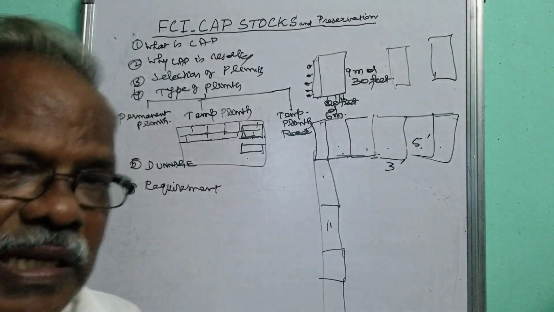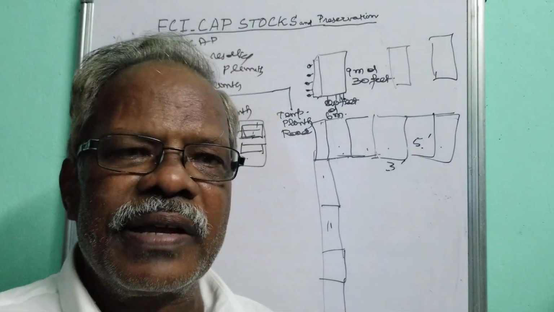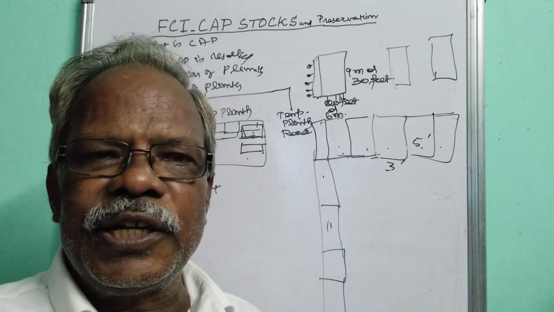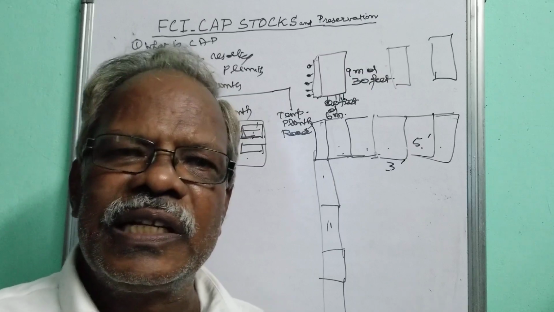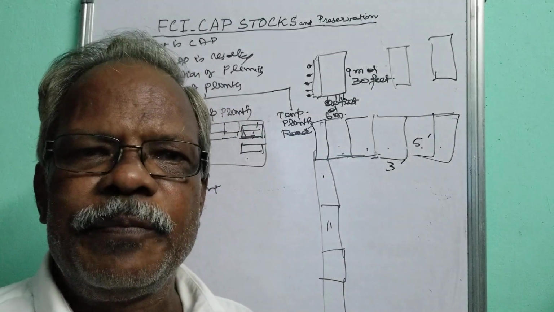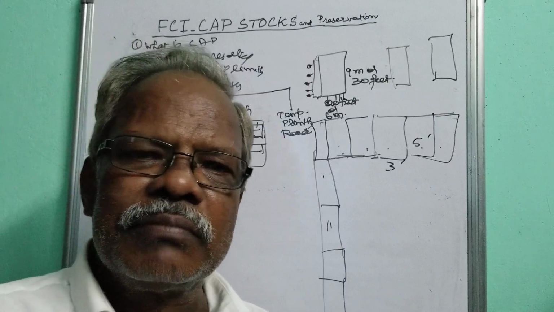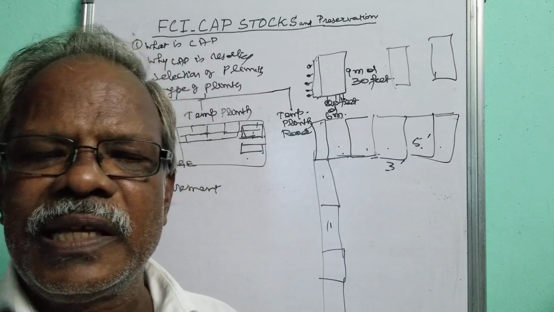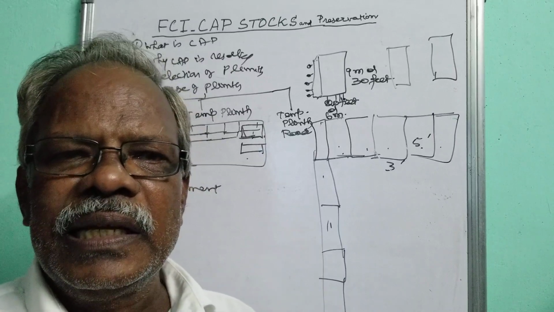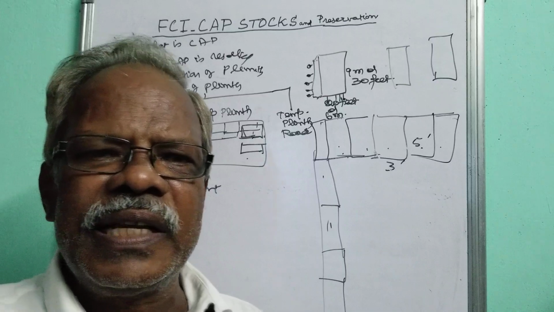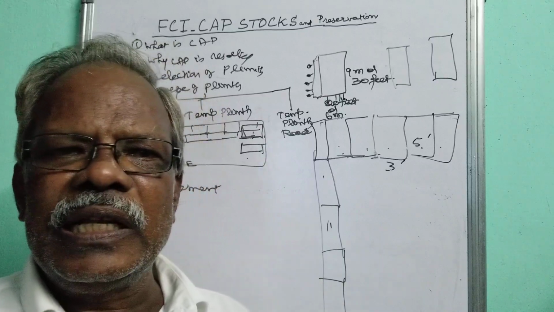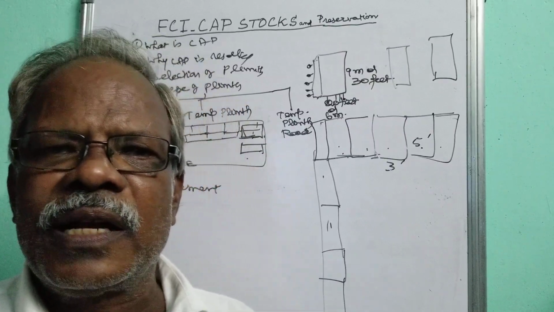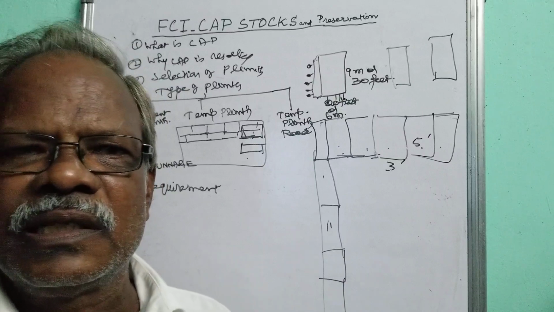One is the polythene cover having the size of 32 into 21 into 17, that is 32 feet length, 21 feet breadth and 17 feet height, with funnels. 3 funnels: 1 funnel in the middle of the breadth side and 2 funnels on the length side, very near to the corner. So totally 3 on the breadth side and 3 on the other side. Totally 6 funnels are provided to facilitate aeration to the stocks.